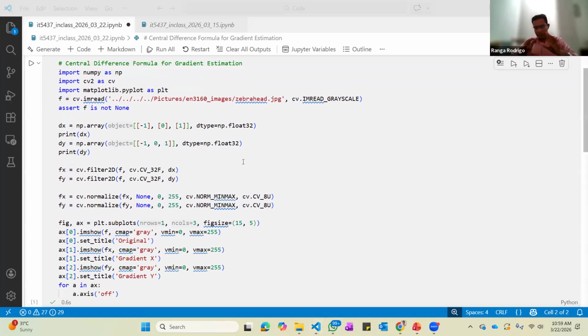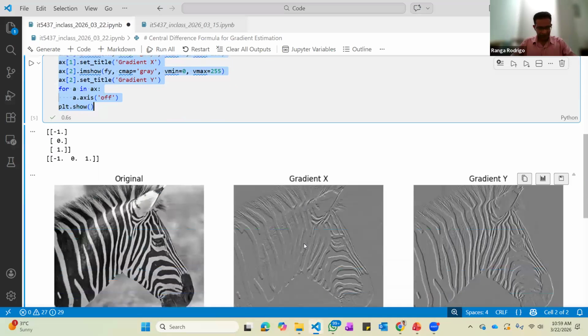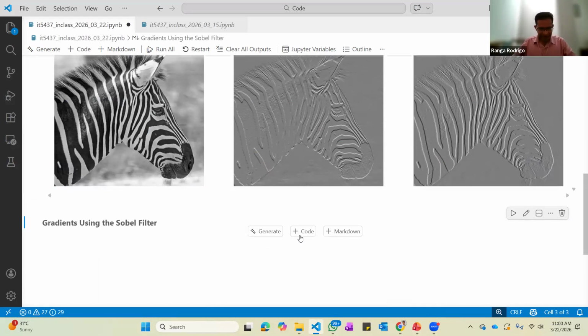All right. Now let's use the Sobel filter to do the same thing. It's quite easy. I will select the whole thing. I'm actually happy about this giraffe image. This we have done in one of the very first lectures, but I will do it again.